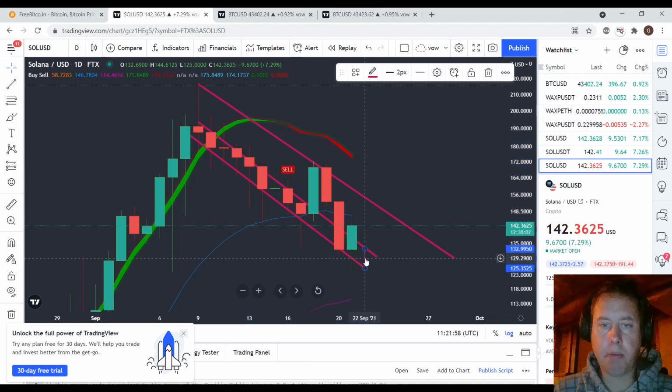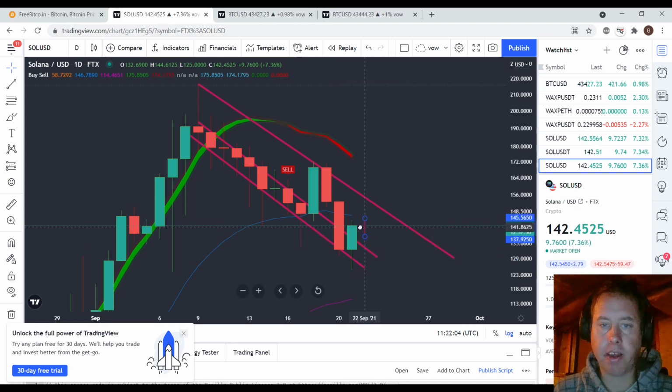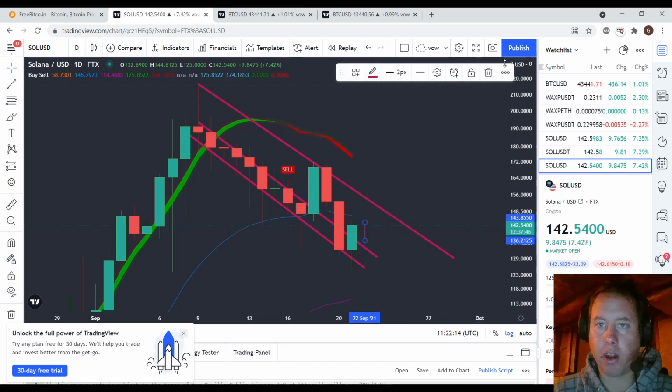Solana is pumping a little bit today after yesterday's very bad day, and I think we are just reaching our target here as we broke out of this descending channel. So that was quite spot on.